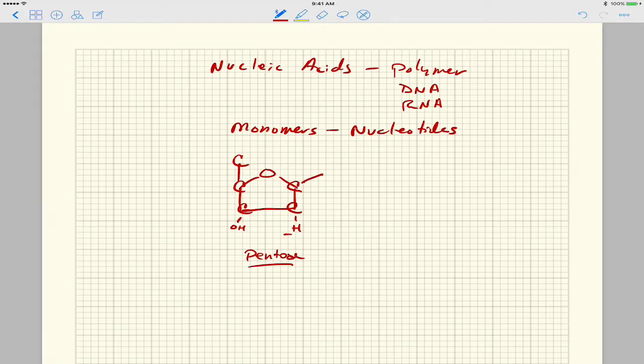Attached to that, there is a ringed structure, and this ring structure can be a simple single ring, like I've drawn there, or it can have a double ring. Single ring, double ring, that is a difference in between one nitrogenous base and another, and the nitrogenous bases are adenine, guanine, cytosine, and thymine. Now if we're talking RNA, we'd throw uracil in the mix, so we do have some differences there.